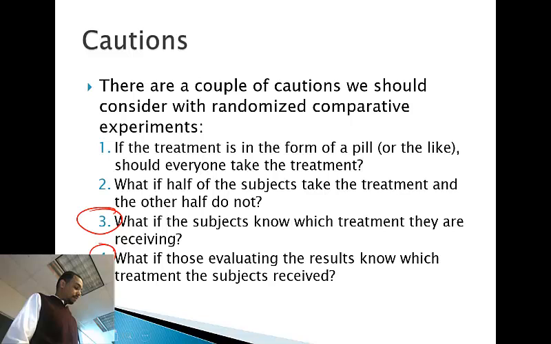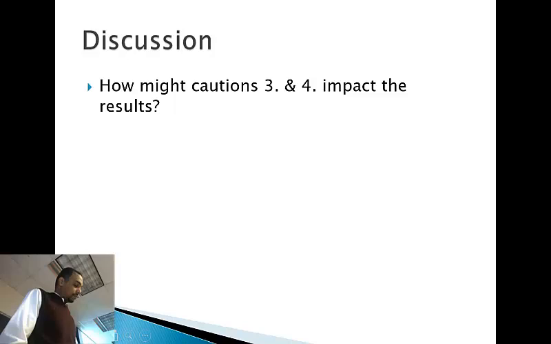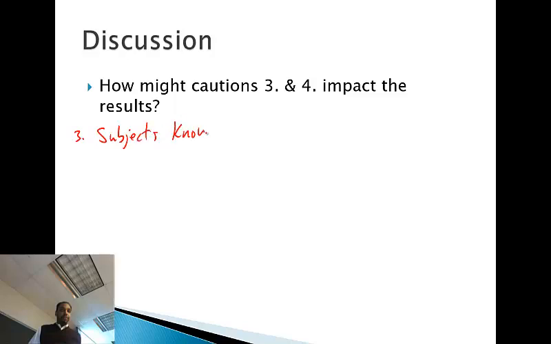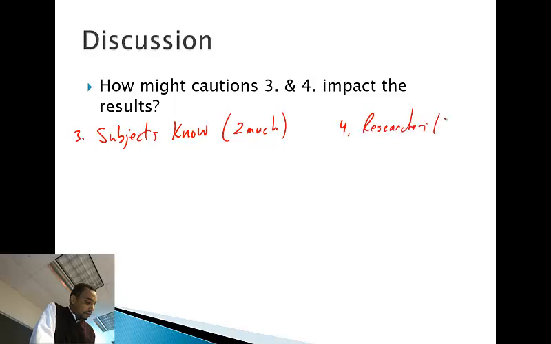So, how might cautions 3 and 4 impact the results? Remember 3 was, I'm going to put this, so I don't text a lot, but it does come in handy for notation purposes sometimes, shorten things up.